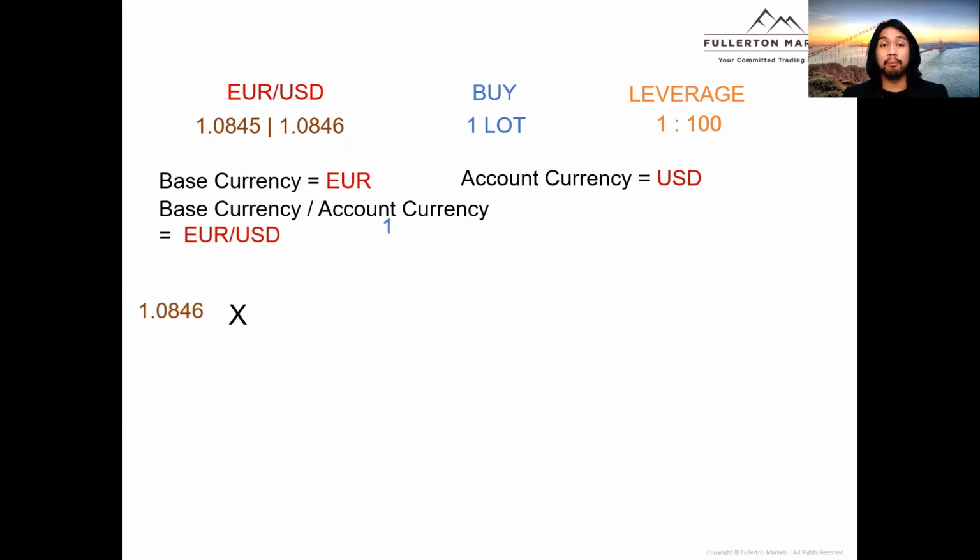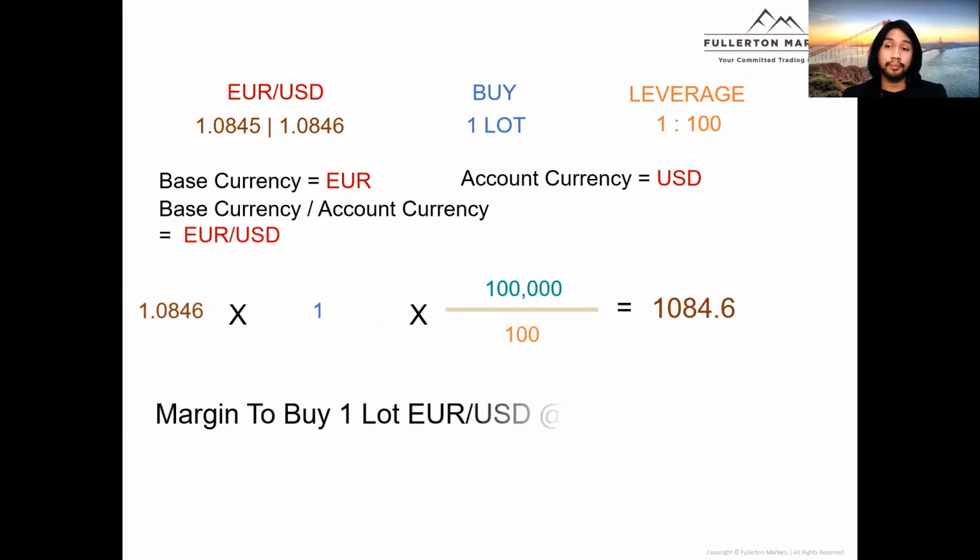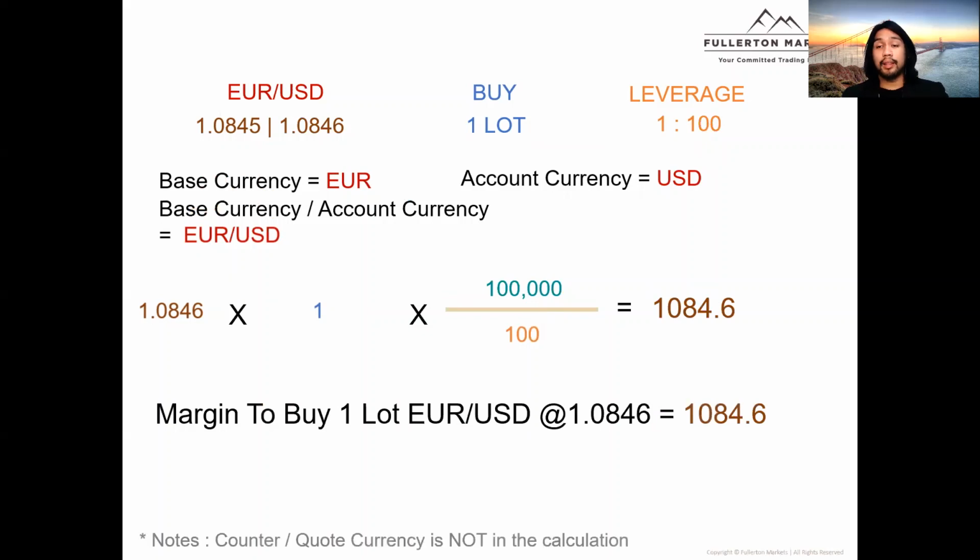We multiply that by the lots that we are trading, which we then once again multiply by the contract size divided by the leverage of 1:100. The final answer is 1,084.6, meaning in order to buy one lot on the euro dollar, we need 1,084.6 US dollars.